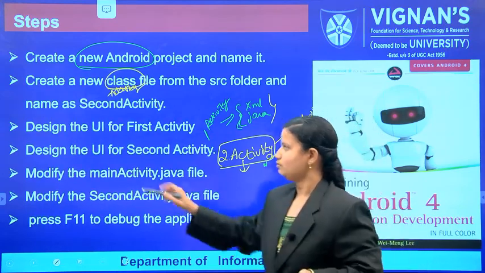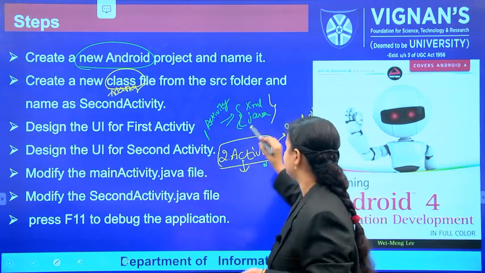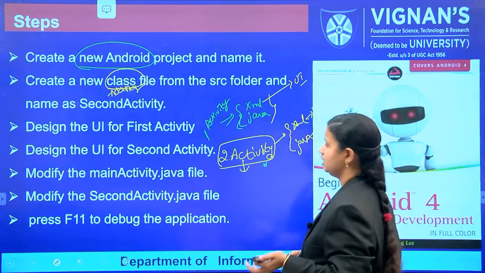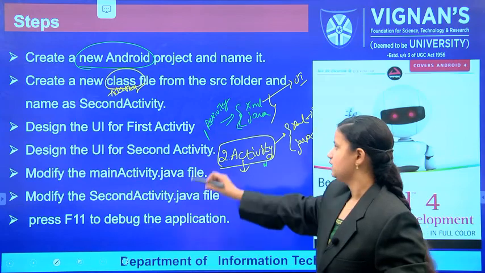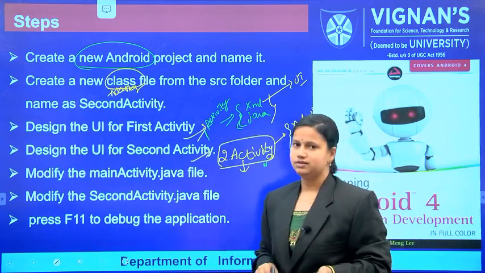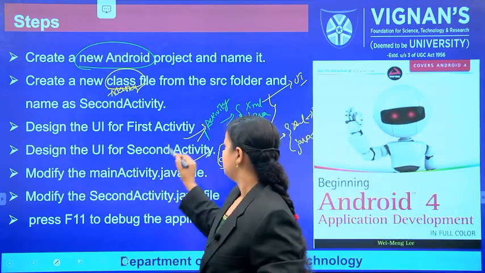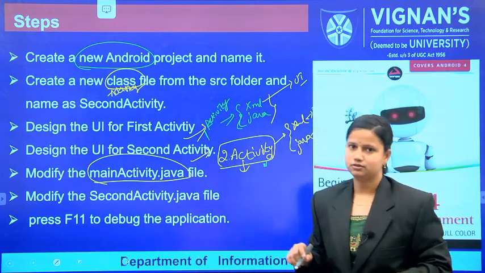So the next step is to design the user interface for the first activity. When you want to design the user interface, you go to the XML file. I want to design a user interface for the first activity, and then for the second activity, and then modify the MainActivity.java class.